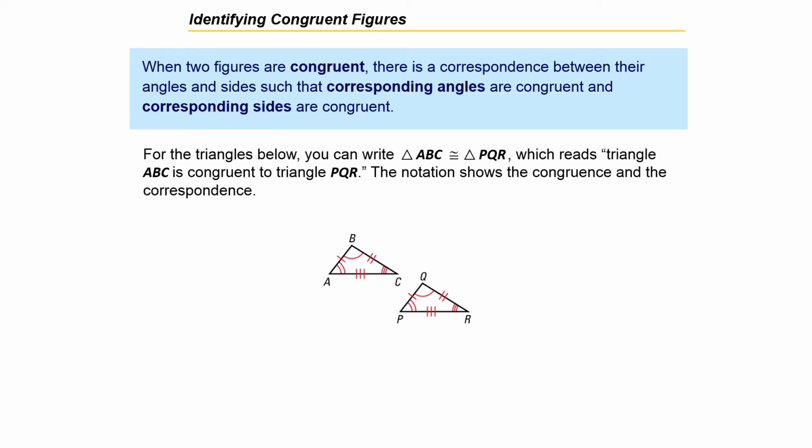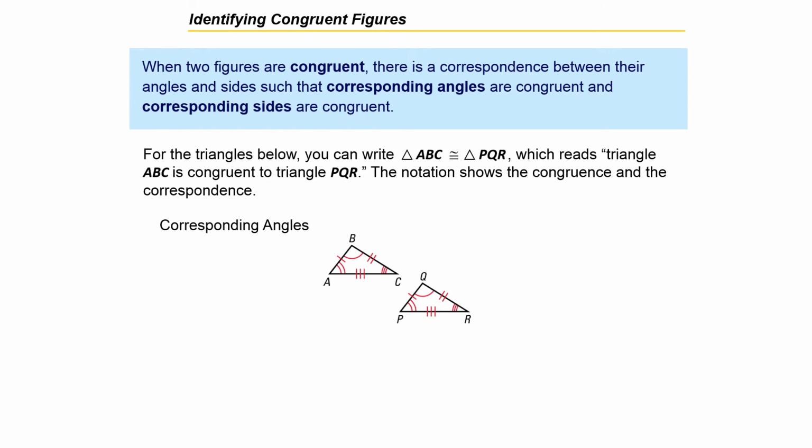Q has 1 in the statement. In the statement, C has 3. R has 3. And they're both at the end. This is where the statement must match the triangle marking. So if A is congruent to P, then you must start with A and P, and so forth.